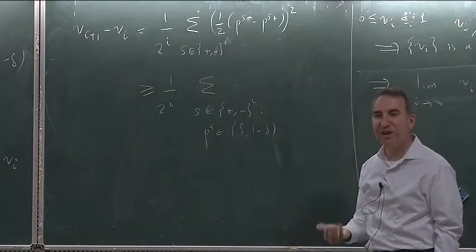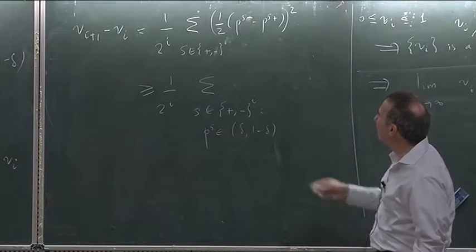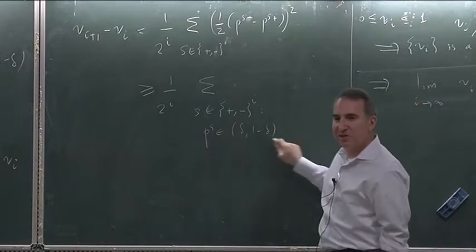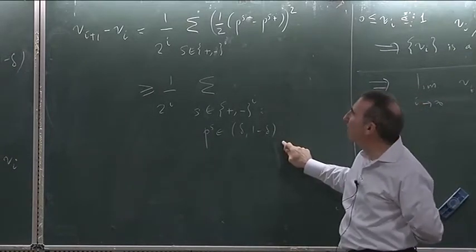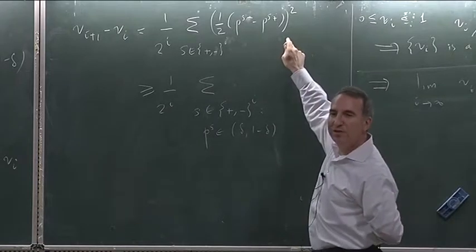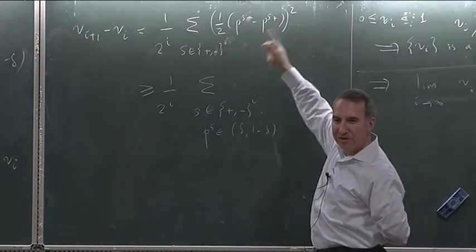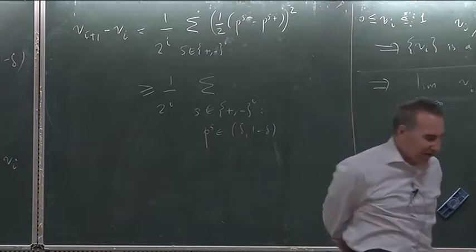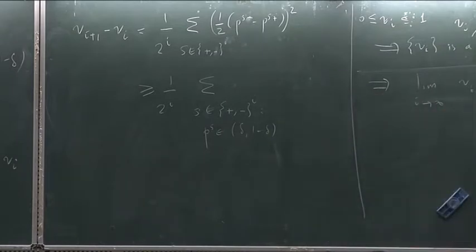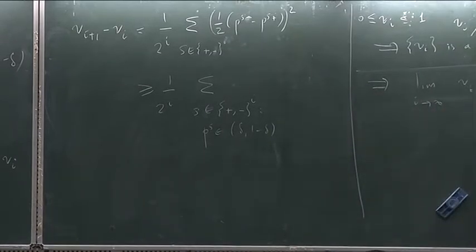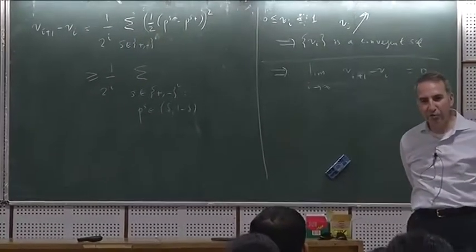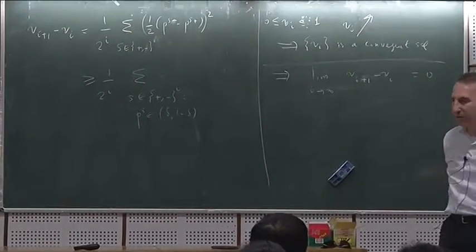And we know that for the p_s's which are like this, this number is at least delta times 1 minus delta. Just before I erased, we had said that if p is between delta and 1 minus delta, the difference between p minus and p plus, divided by 2, is at least delta times 1 minus delta.